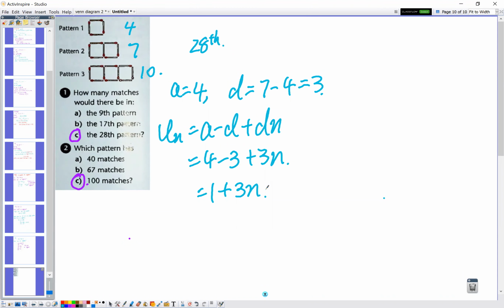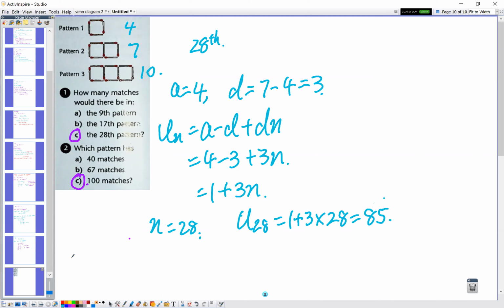So in this case, how do you work out this one? We can find un, the 28th pattern. So n is equal to 28. So the 28th pattern is 1 plus 3 times 28, which is 85.